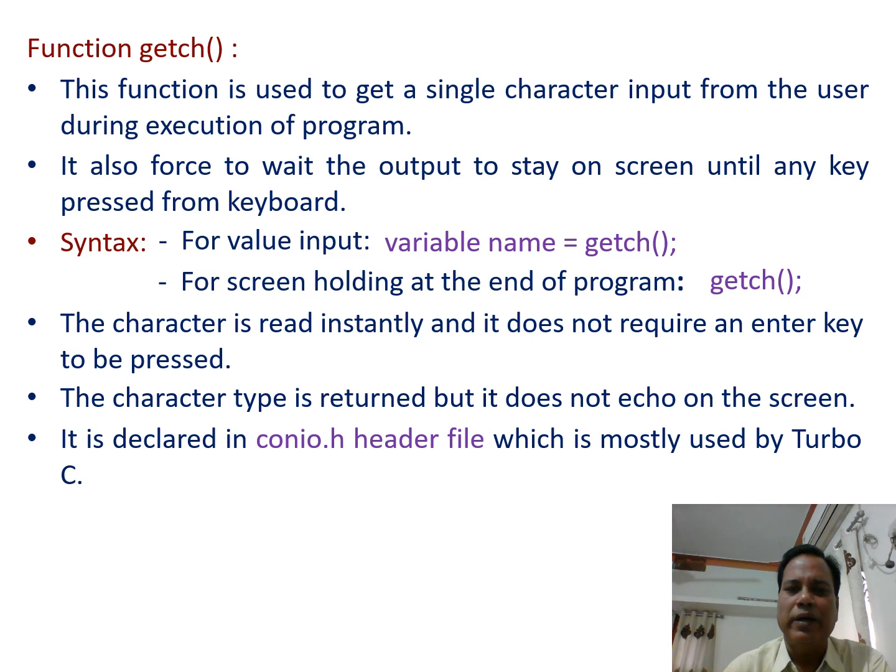It is declared in the conio.h header file, which is mostly used by Turbo C. So instead of the standard input output header file that we have been talking about up till now, this getch function is defined and declared in the conio.h header file, console input output dot h.